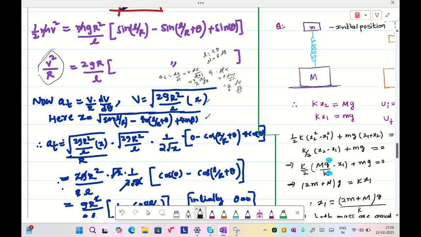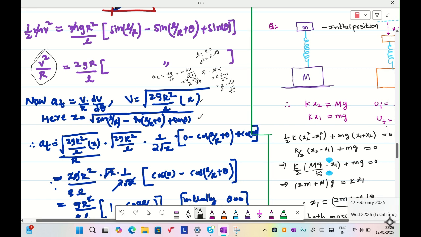But here x is in terms of theta, therefore I have to differentiate again. So sin of L by R plus theta will become cos of L by R plus theta. Again, differentiating L by R plus theta with respect to theta, only 1 will come, no doubt. Sin theta will become cos theta. Now substituting all the values, we will get the answer. Coming to the next model, this model.